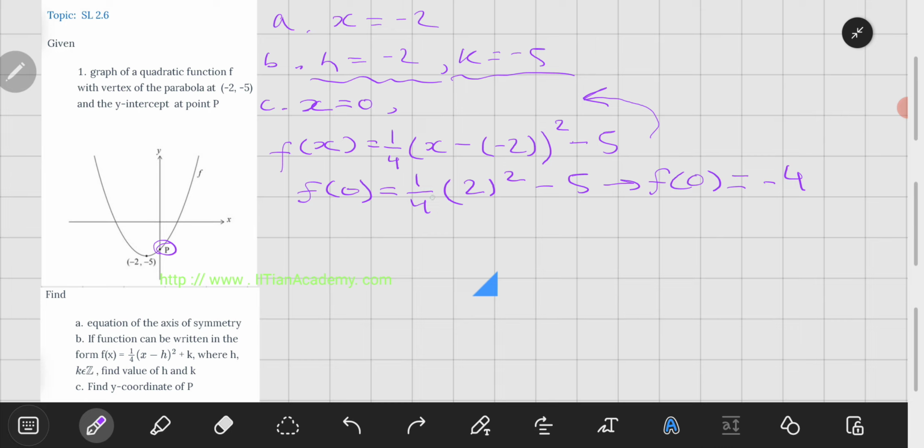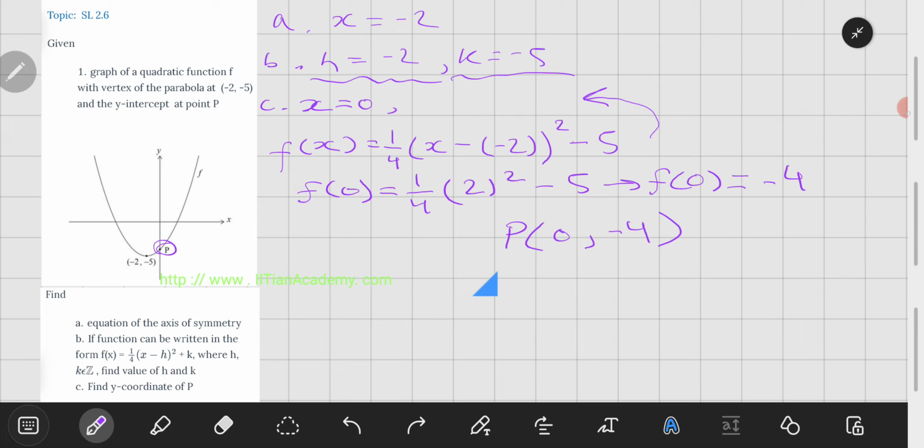After expanding and simplifying, x minus -2 is just 2, and we'll find that we get 1 over 4 times 2 squared minus 5. So f at 0 is equal to -4. So our y-intercept is simply (0, -4).